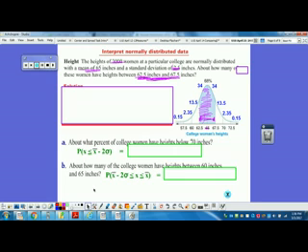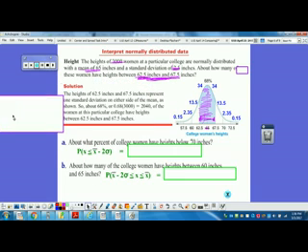So let's see how all this is put together. So what's going to happen here, guys, is 68% of my women, so I'm going to take 0.68, because 68%, times the number of women that I have, 3,000.